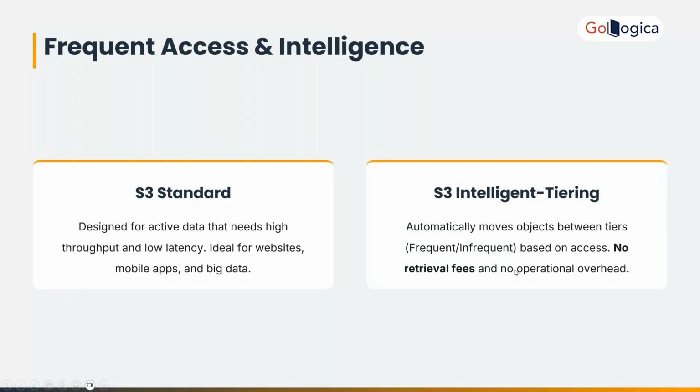You don't have to think about moving your data manually from tier to tier. In Intelligent-Tiering it will be done automatically, and that is why AWS applies an automation charge, but that is very small in comparison with the cost it can save when moving from one tier to another.